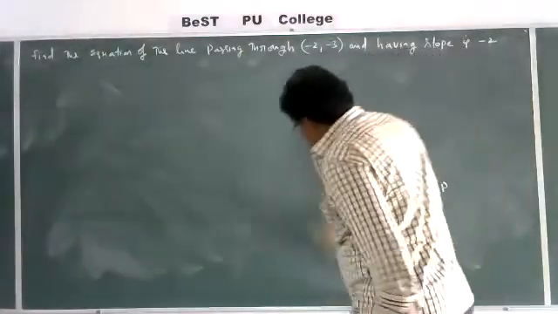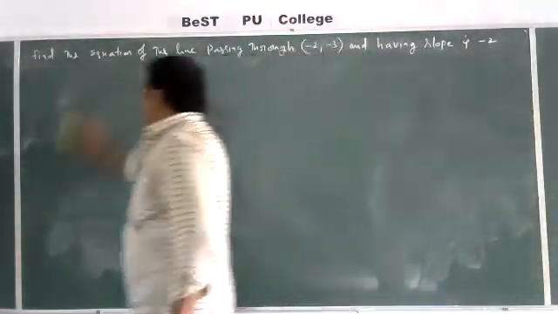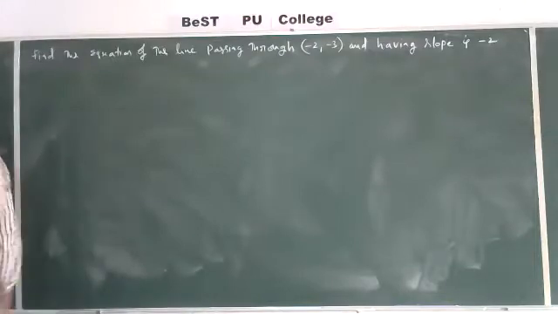So here slope is given and point is given, so you can use the slope point form.